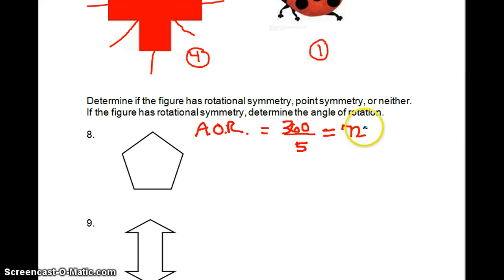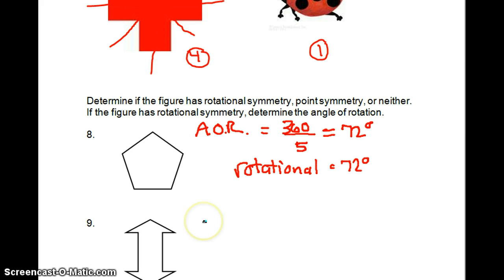So our angle of rotation is 72. Point symmetry would be 180. This would have to map halfway around the circle down here, and since it doesn't, that one doesn't work. So it's just rotational symmetry, 72 degrees. Let's look at number 9.